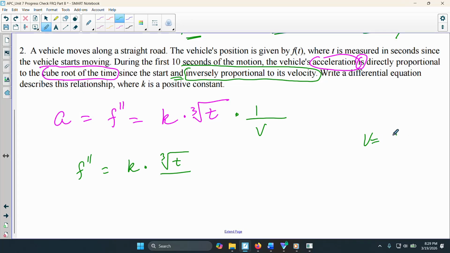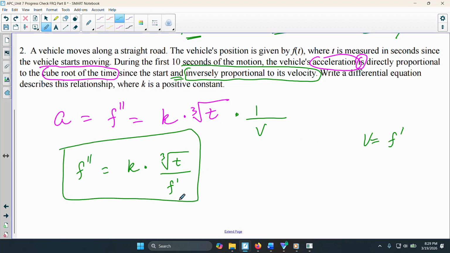V is f prime, because the velocity is a derivative of the position, but for the position we're using the letter f. So there's f prime. So this is my answer.